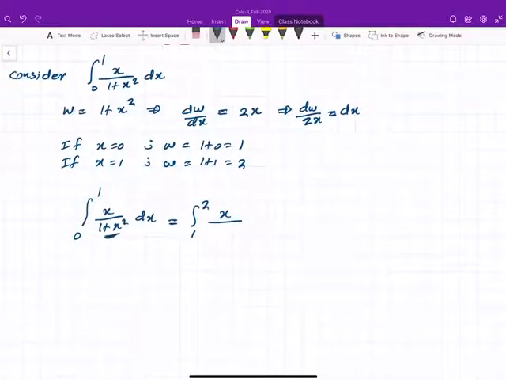For the denominator, you could just write w times, for this part, you could write that part. Okay, let me mark them in different colors. For that part, you write this part.